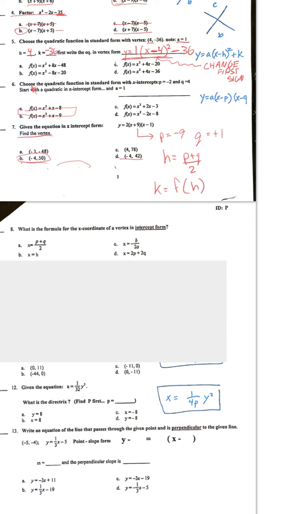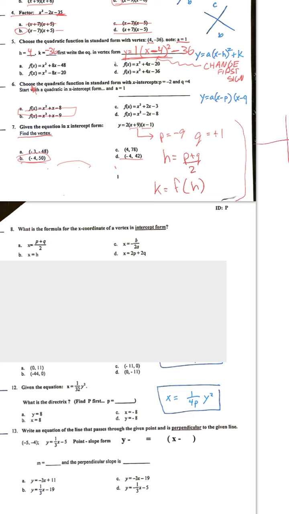So before I close out that problem, I'm going to put these notes, which we'll write on your sheet later. These are the key points that helped us get through this problem. p and q are the negation of those two numbers. They gave us 9, so we negate it, turn it into -9. -1 becomes +1. These are p and q, the intercepts.